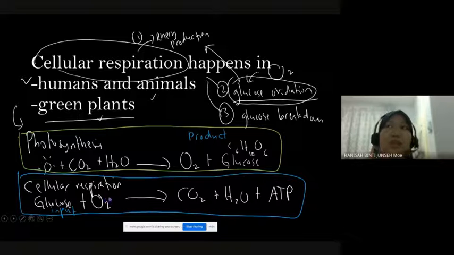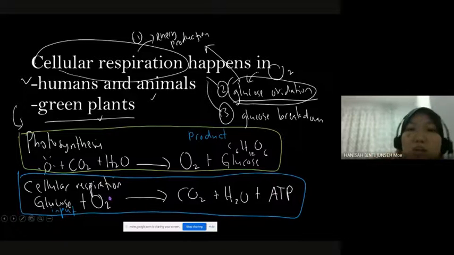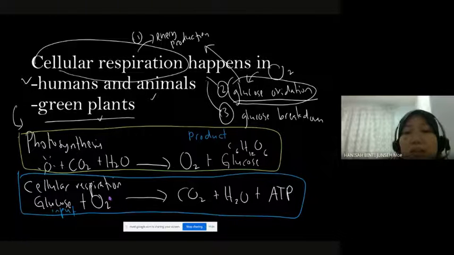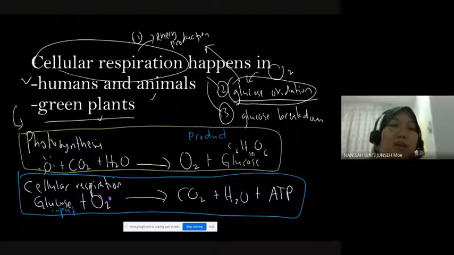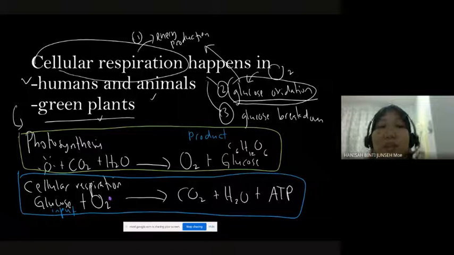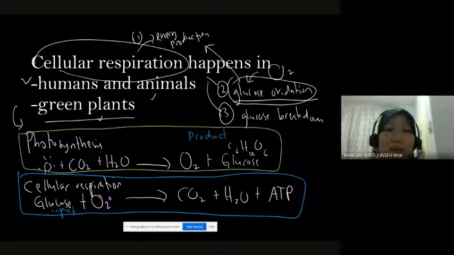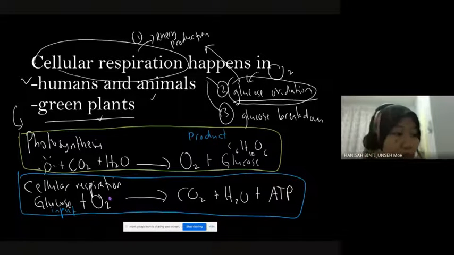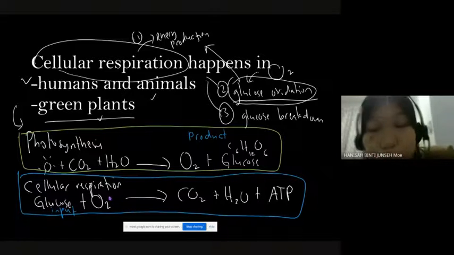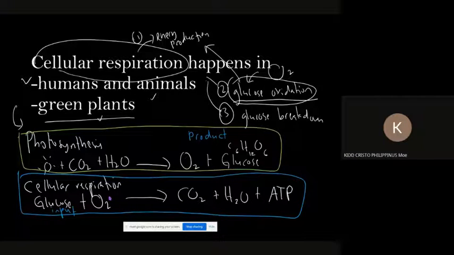Plants also take oxygen from the environment, from the atmosphere. Since the plants produce so much, banyak, it will be released to the environment for us or other organisms to use. But plants also need oxygen. Do you get what I'm trying to explain to you? Yes. Okay.